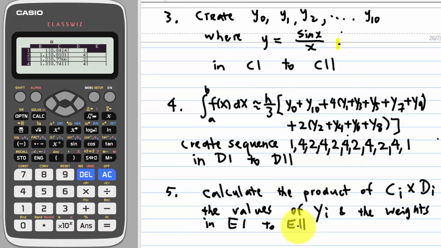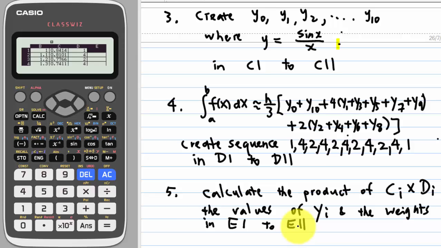Next, we are going to calculate the product of Ci and Di, which is the value of yi times the weight 1, 4, 2, 4, 2, 4, 2, 4, 2, 4, 1, in cells E1 to E11.